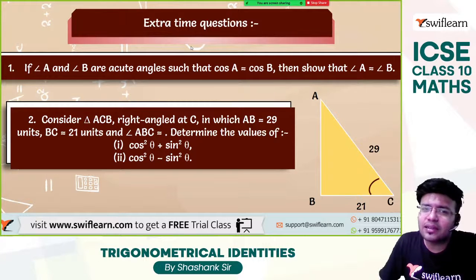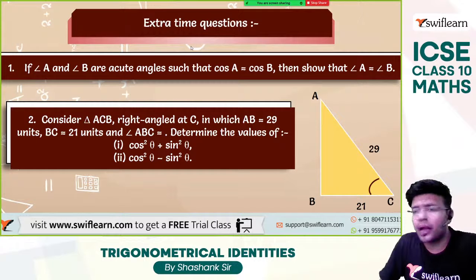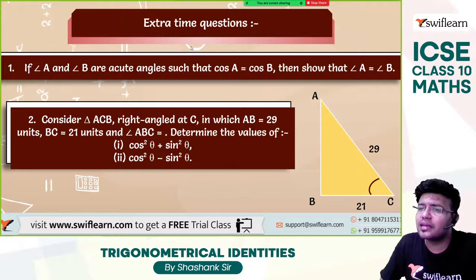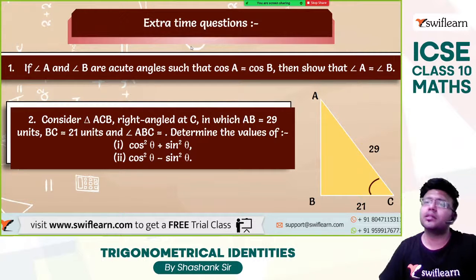Okay, if angle A and B are acute angles such that cos A is equal to cos B, show that angle A is equal to angle B. Okay, how will you show this? Okay, now see this.